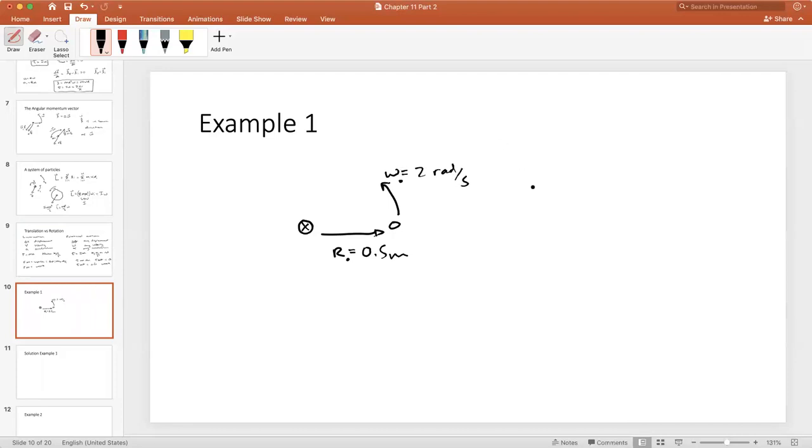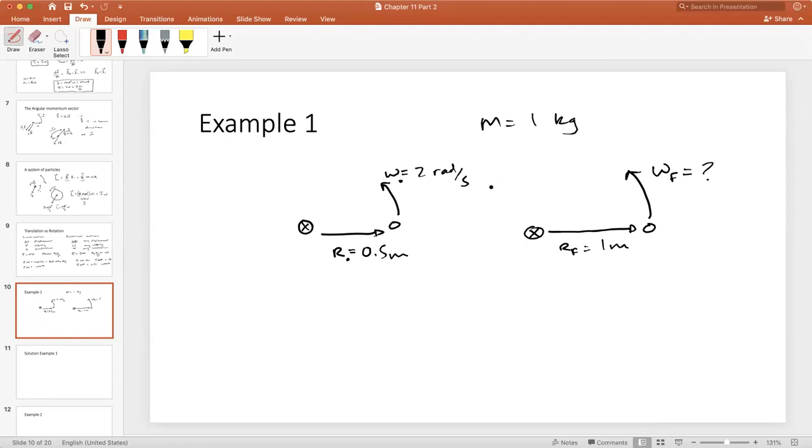And then it gets bumped. It ends up being moved out to a further radius where the radius final is 1 meter. And so we want to determine what is the final angular velocity. And I'm going to pretend this mass is 1 kilogram.